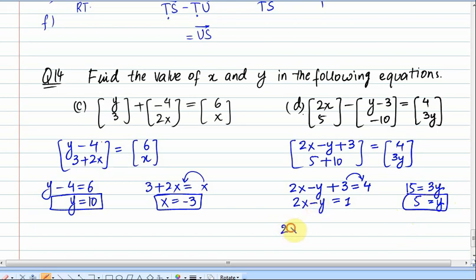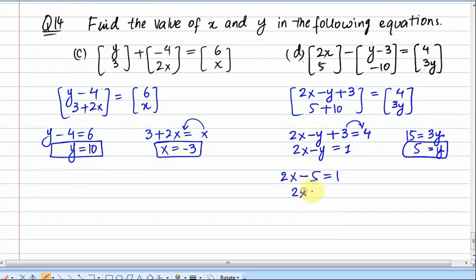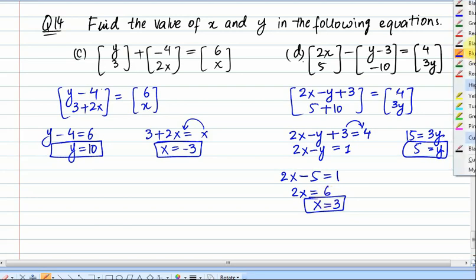It will be 2x minus 5 is equal to 1. 2x is equal to 5 plus 1, 6, and x is equal to 6 divided by 2, which is 3. So these are the values of x and y that we found by using simultaneous equations.